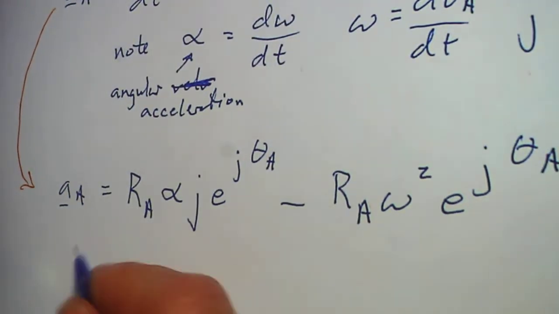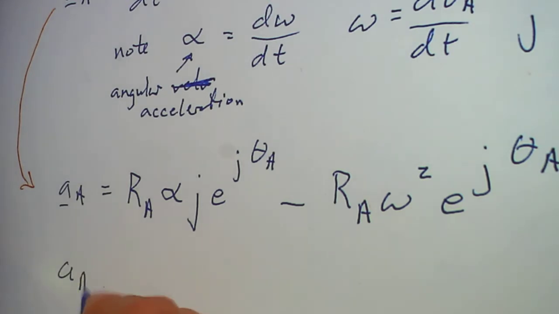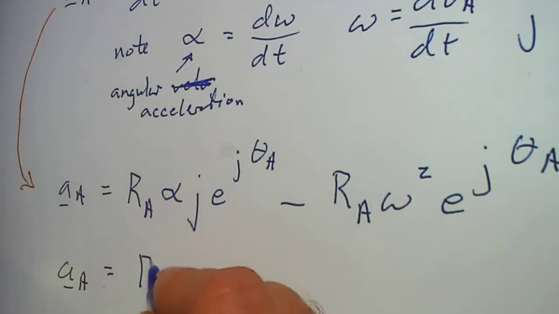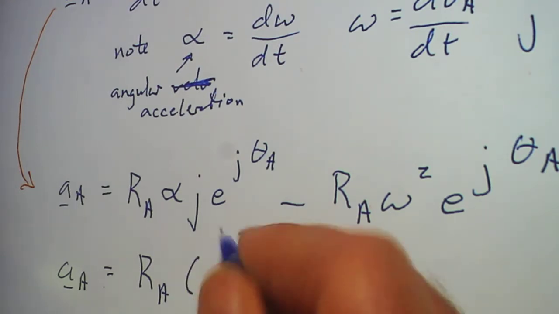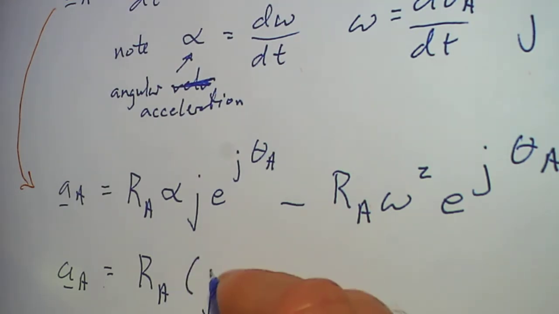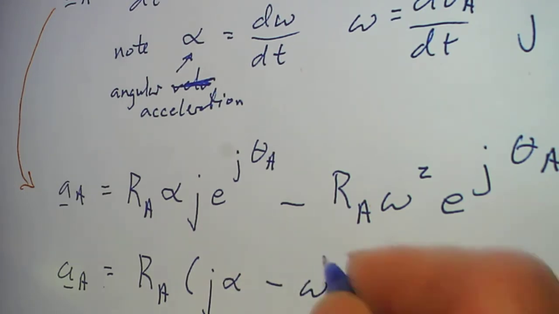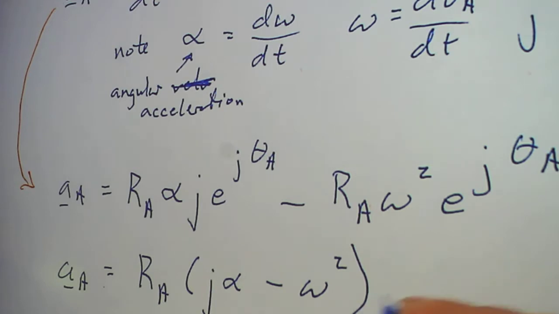So I'll rewrite this as RA times j alpha minus omega squared, e to the j theta A.